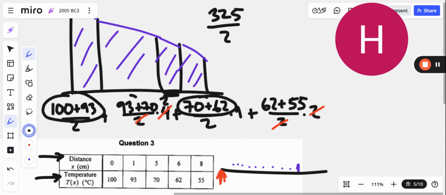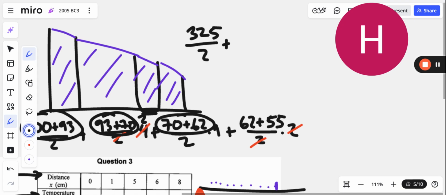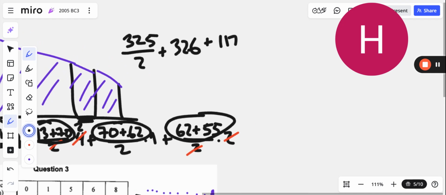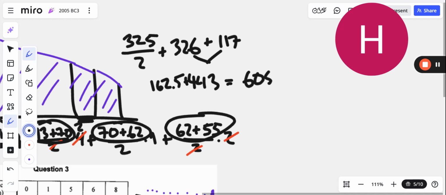Let's see, we have 90 plus 73, that's 163 times 2, that's 326. And then we have 62 plus 55, which is 117. So putting these together, we have 443. This is going to be 162.5. So I guess we can just add those together, and we'll have something like 605.5.